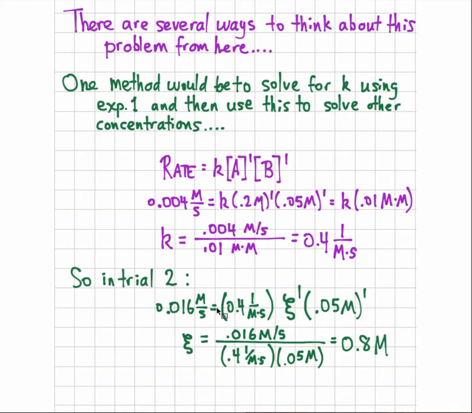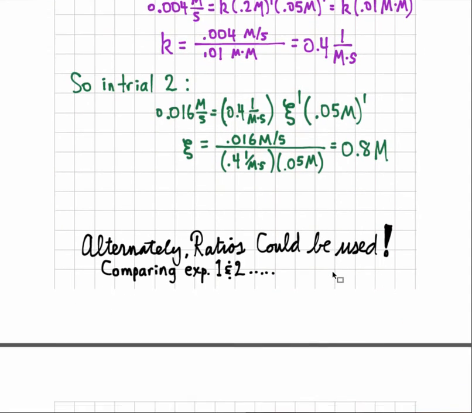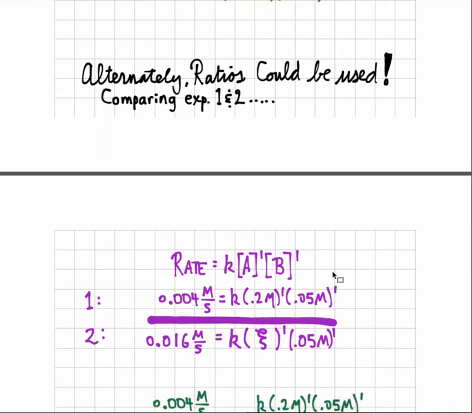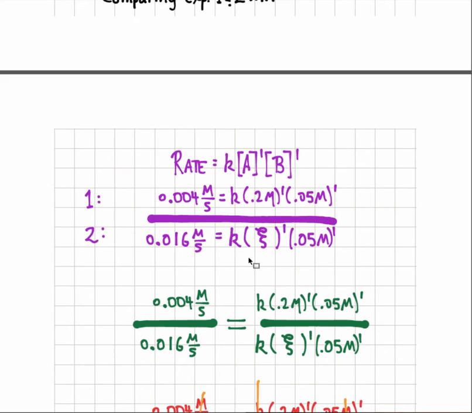So if I knew the rate constant, 0.4, determined up here, and the molar concentration here, but didn't know this concentration, but knew the rate, all I do is solve for that epsilon to the first power, and it comes out to 0.8 molar. Or you could use ratios. If I use ratios, it turns out you don't have to know the constant. So the constant stays the same, but if I compare this trial to this trial, the rate, of course, increases.